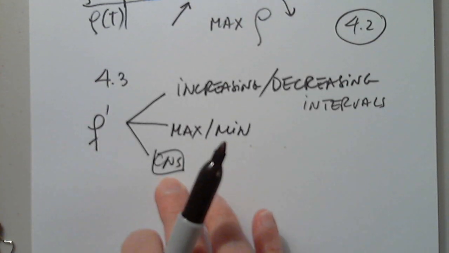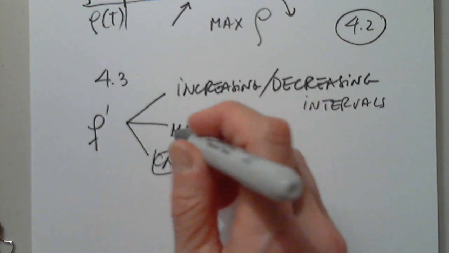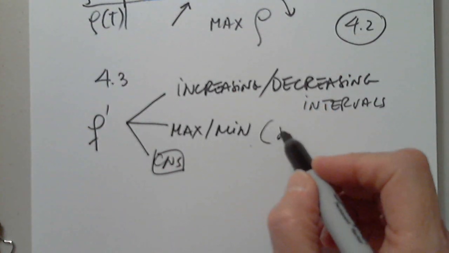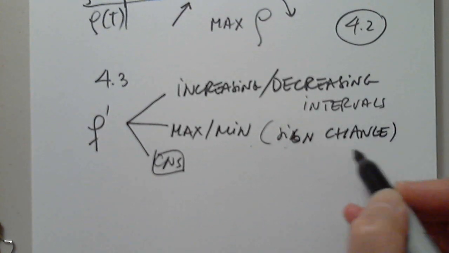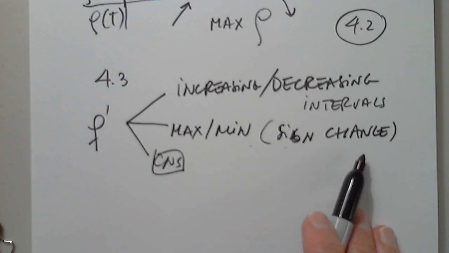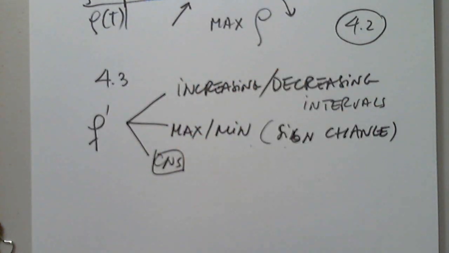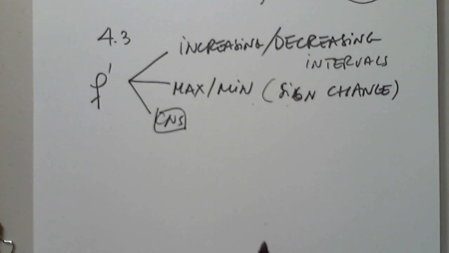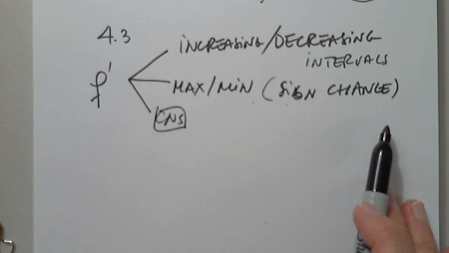If it has critical numbers, I have to investigate if they turn into a max-min through a sign change of the derivative. If the derivative doesn't have a sign change like this or reversed, there is no max-min. Good. So that was a summary of section 4.1.